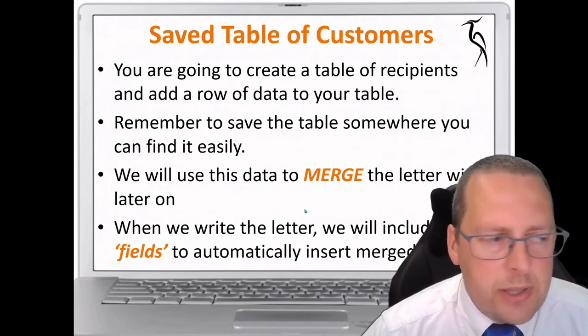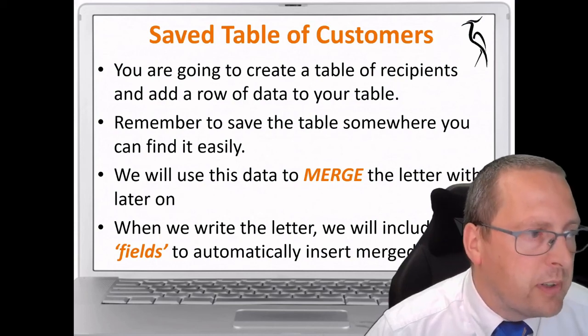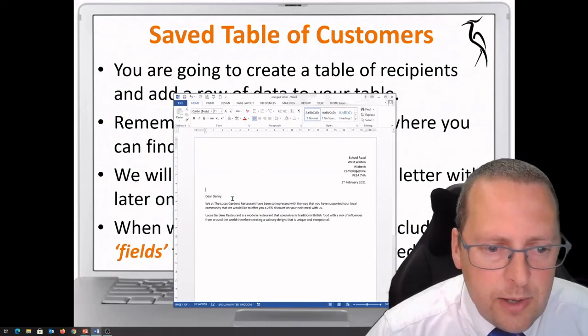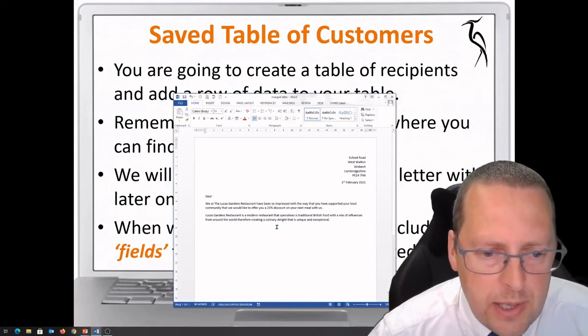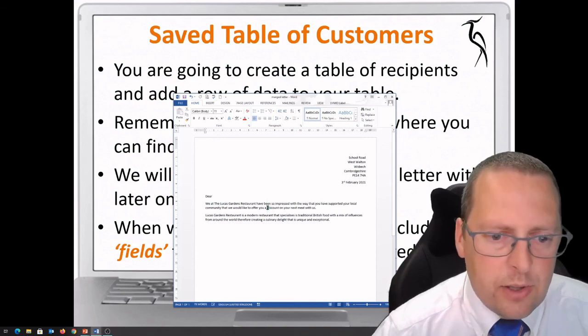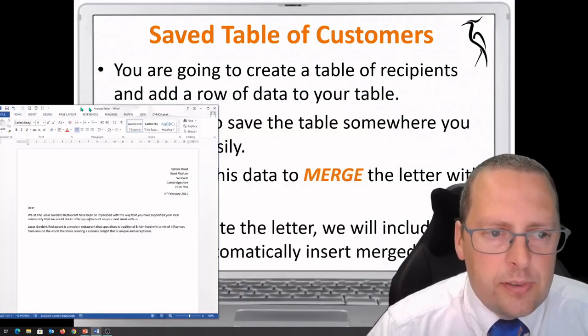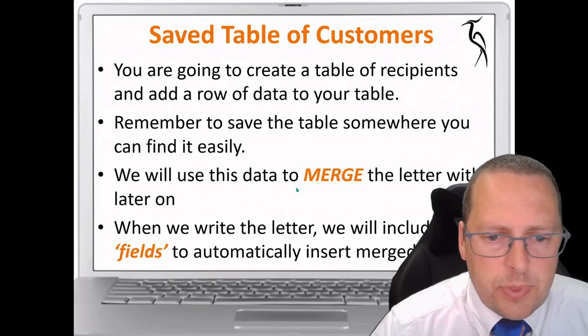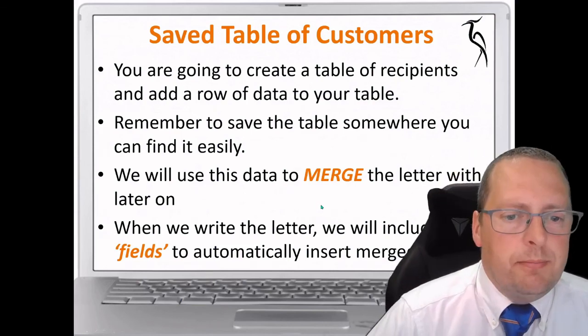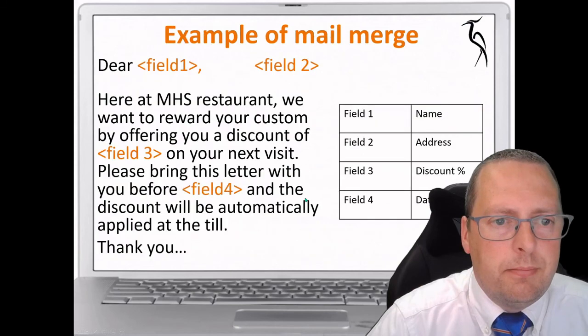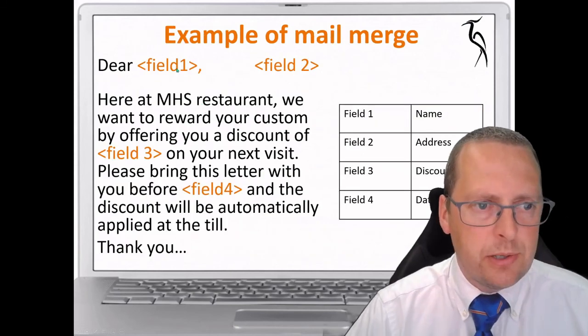So we're going to write the letter with blank fields. With my letter, I can just write Dear and leave it blank. I'm also going to leave the percentage discount blank at the moment, so we'll come back to that. So what we have here is our merge field, Dear whoever.